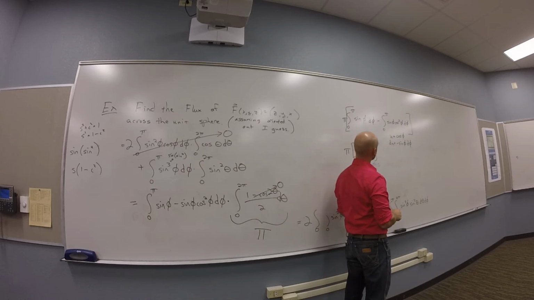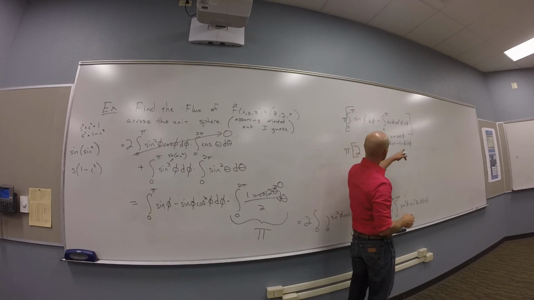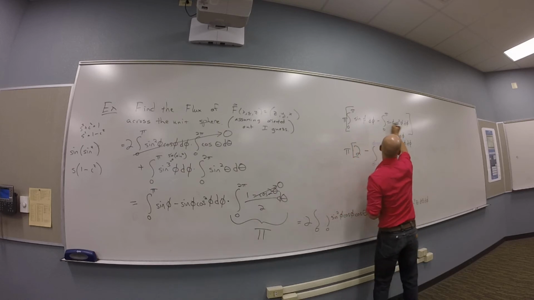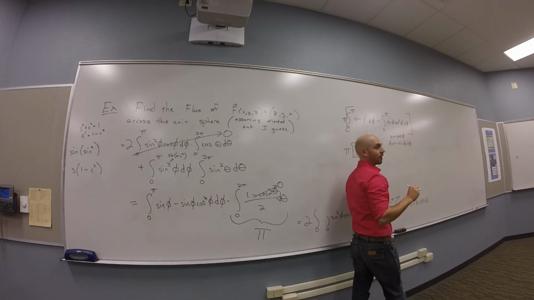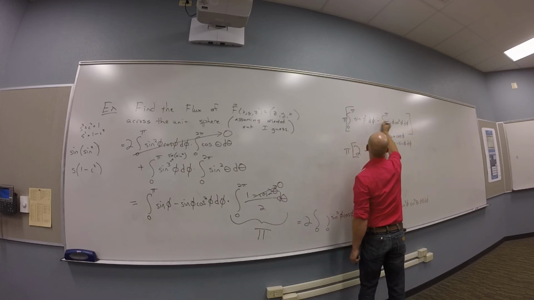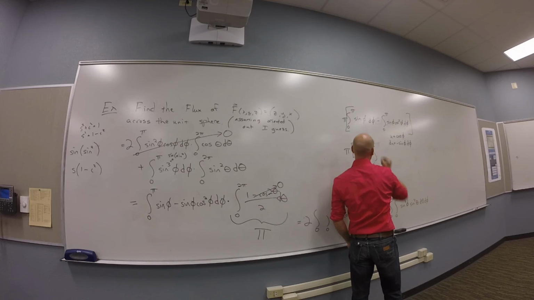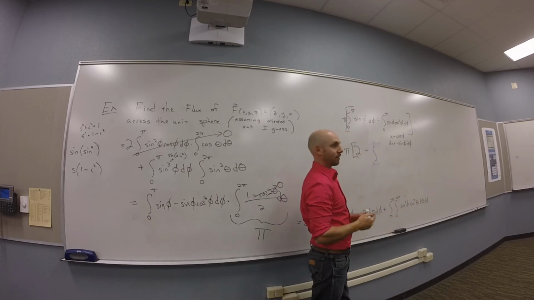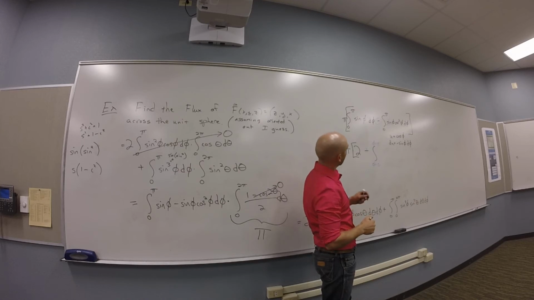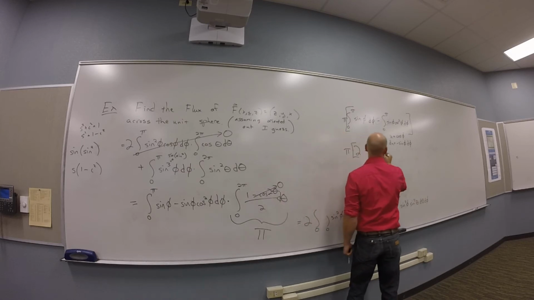Where's your du for this then? I got a sine phi and a d theta, u squared. Oh, and I'm going to pull out that negative, so that's going to make this a plus. And what's left is u squared du.